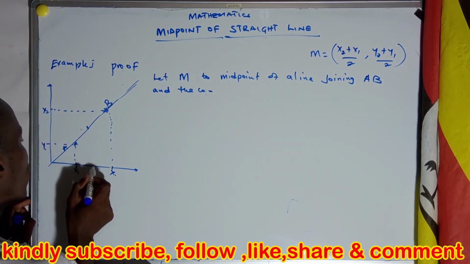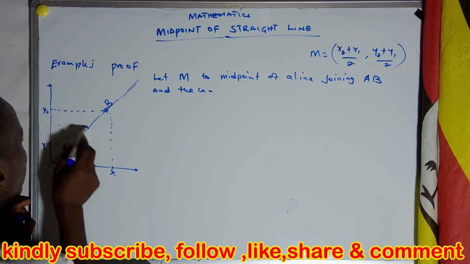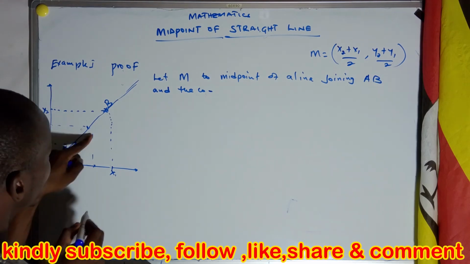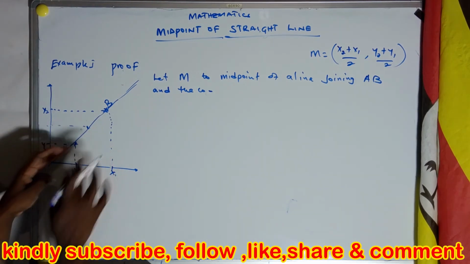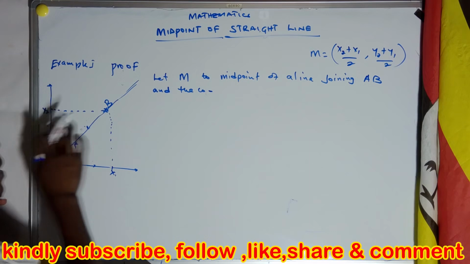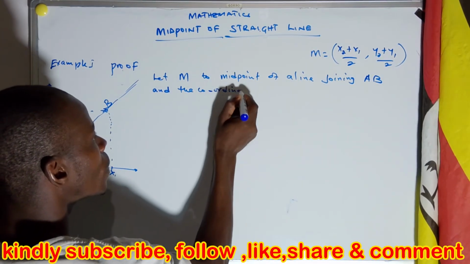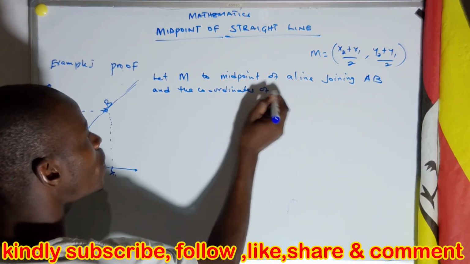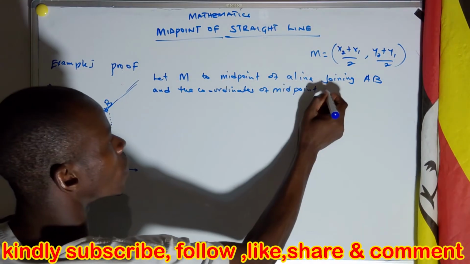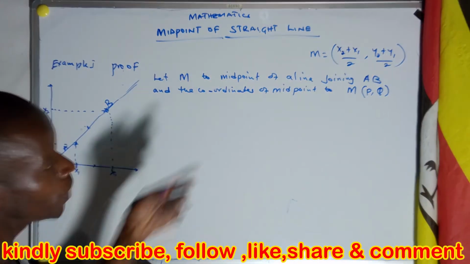Because if we join these coordinates, you are going to get the midpoint. But we don't have the midpoint coordinates, so we let the coordinates of the midpoint be P and Q.